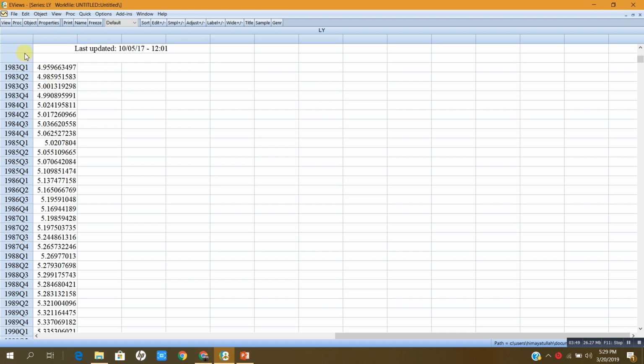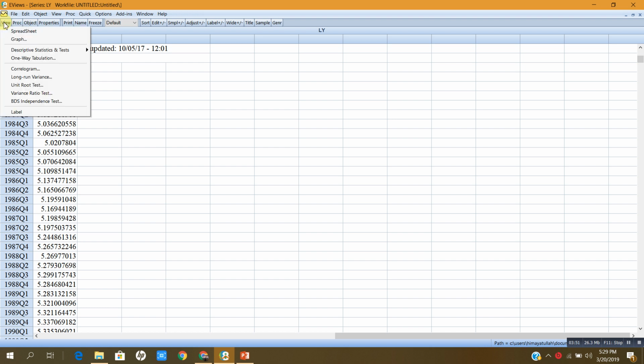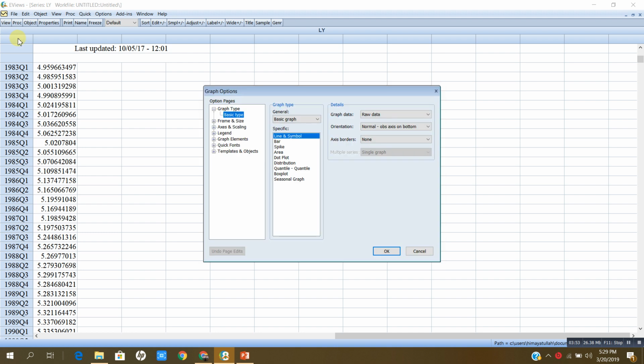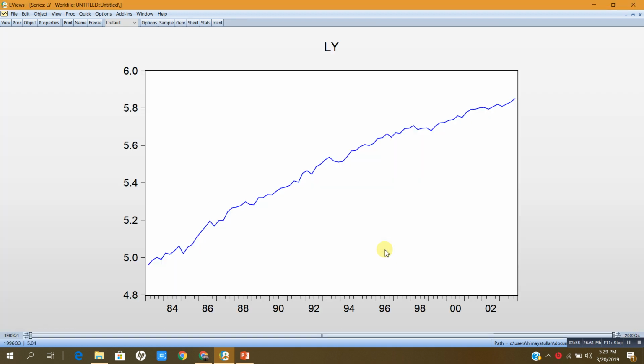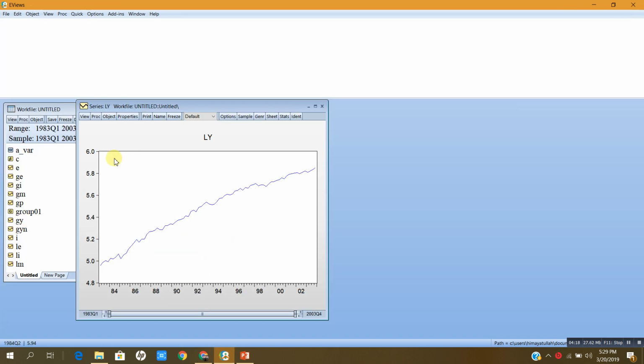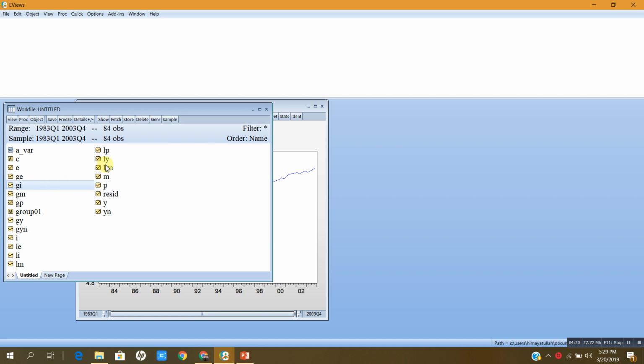So first let me check its graph, and in this graph we can see that the data of the log of real GDP shows a positive trend, and there is also intercept. So this data is not stationary, so I will have to correct it. Now let me check the other variable, that is LP.